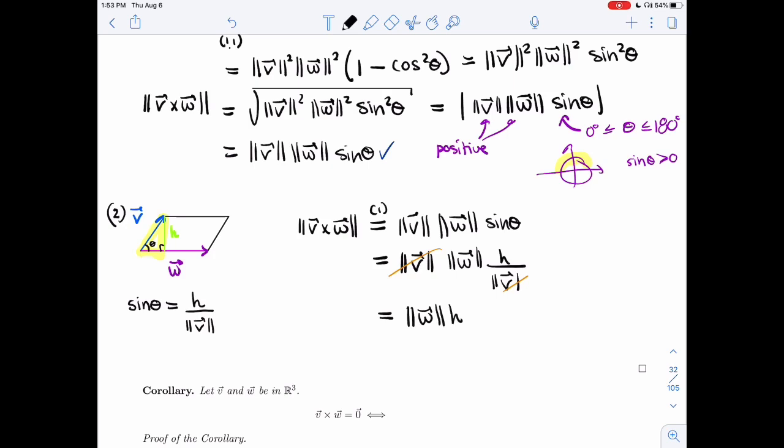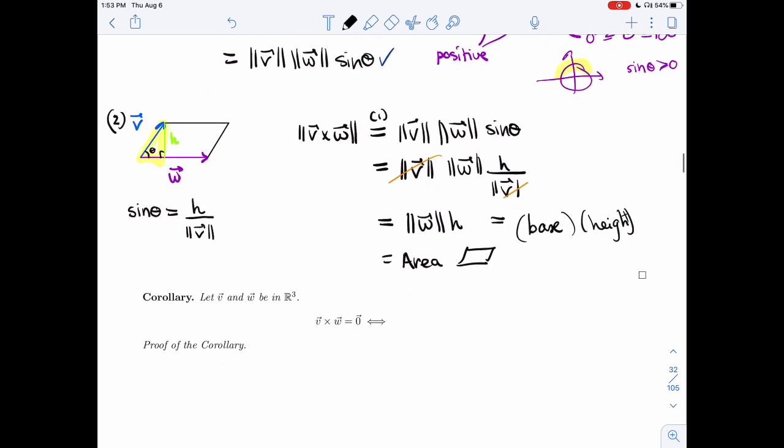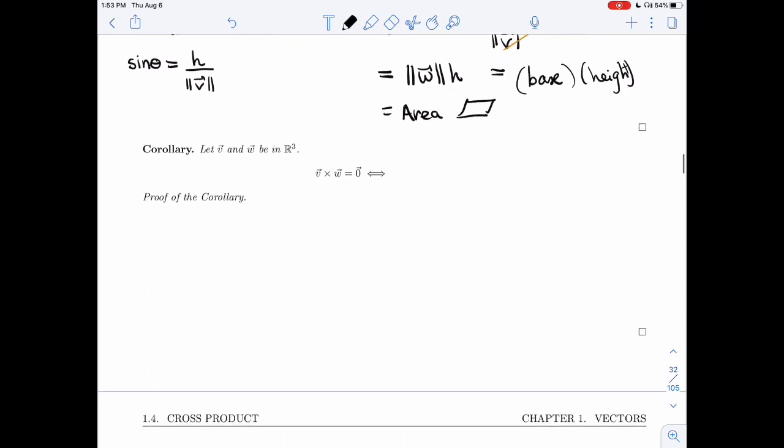Well, h was the height. The length of w is the base, so this is base times height. And so it is the area of the parallelogram. All right, not so bad, not so bad.